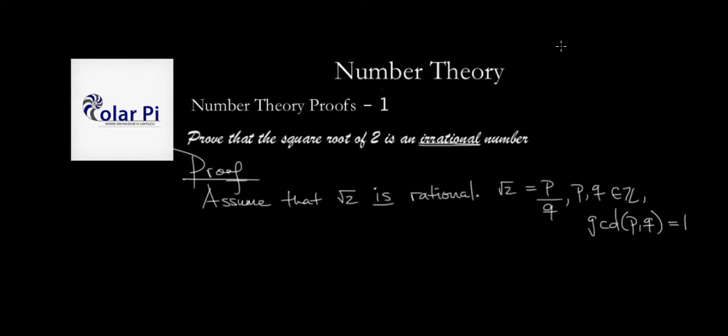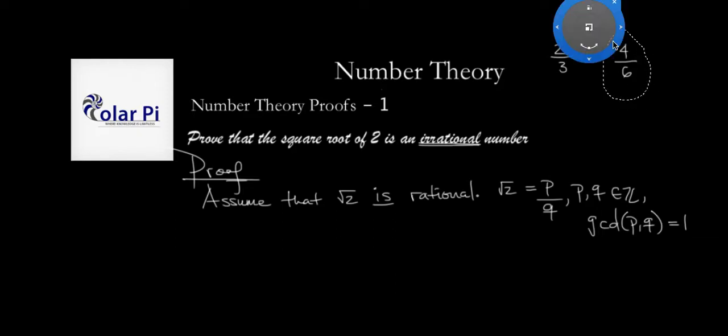This is true of every rational number. Every rational number, like 2/3, can be written as one integer divided by another integer in most reduced form. In other words, 4/6 will be reduced to this rational number, but every rational number can be written in this way: one integer divided by another integer, where those two integers have a greatest common divisor of 1.